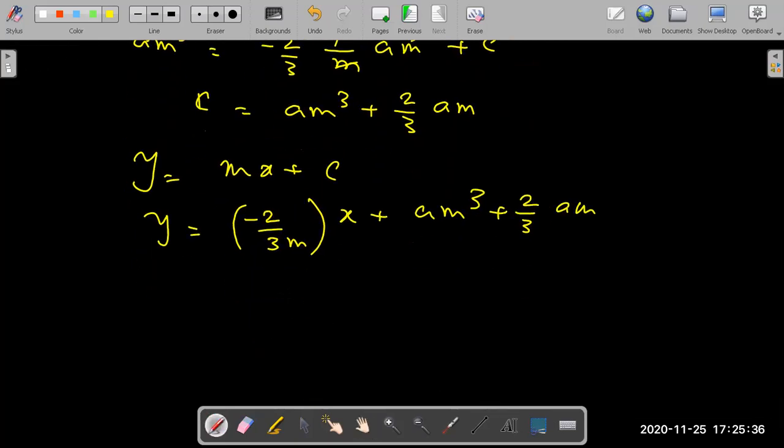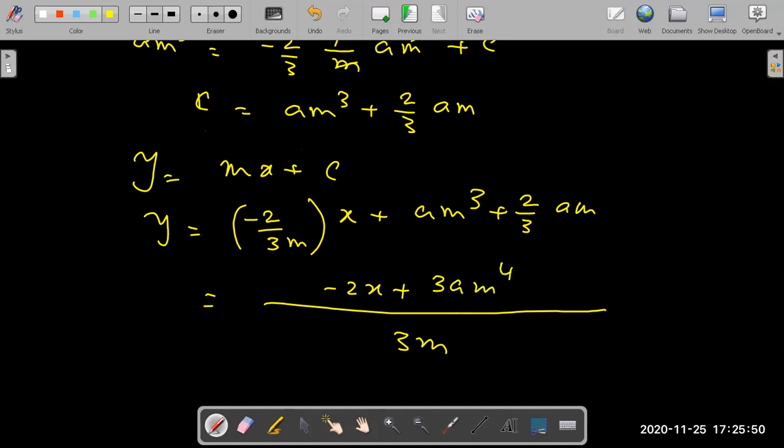So now, cross multiplying or taking the LCM this side, you have 3m, and this is minus 2x. So 3m you multiply with this, you have 3am to the power of 4 plus 2am, and this is y.